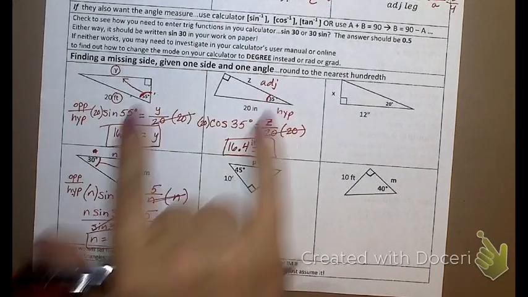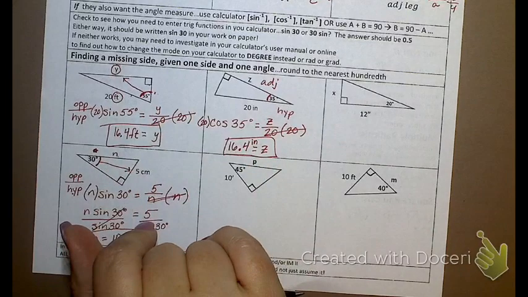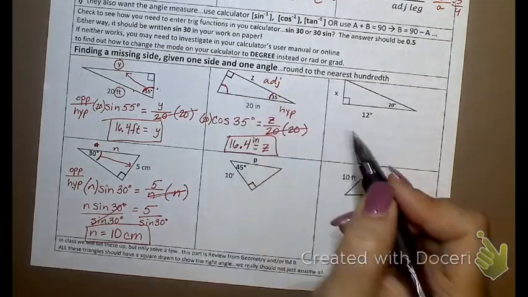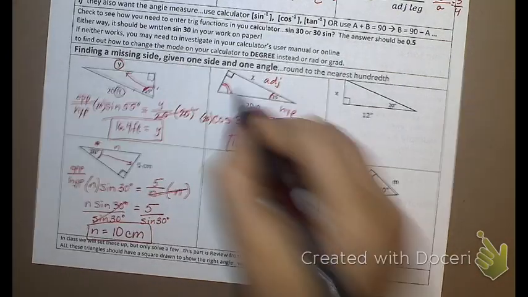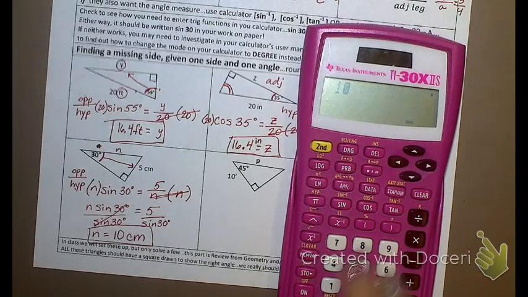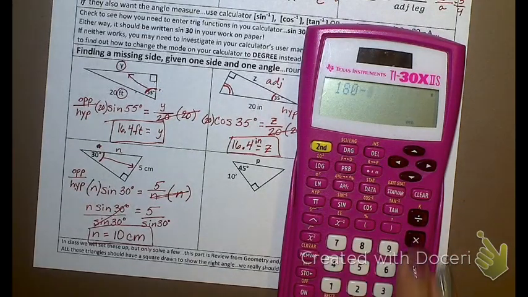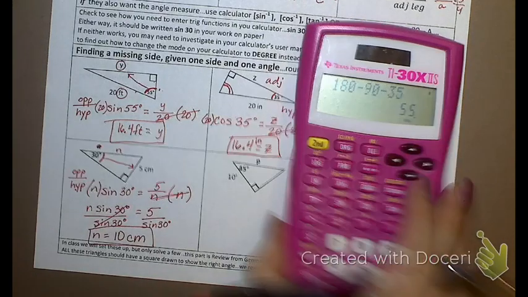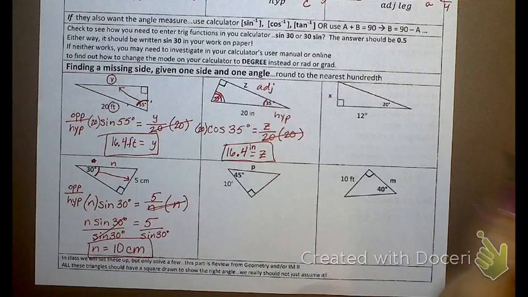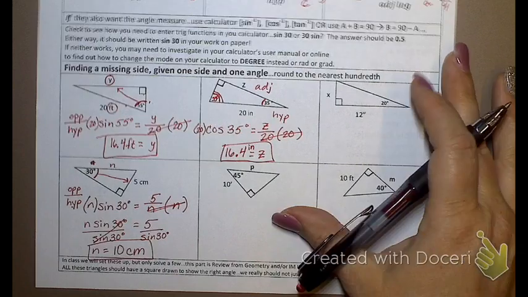So why did I get the same answer? Because it's the different angle. How would I find this third angle? Don't all three angles equal 180? 180 minus 90 minus 35 means that other angle is 55 degrees. It is the same triangle. Kind of crazy, huh? All right.